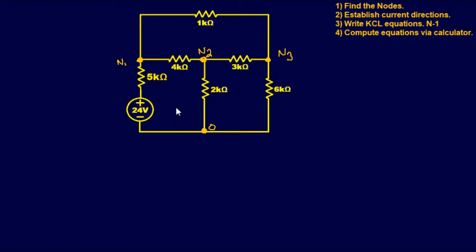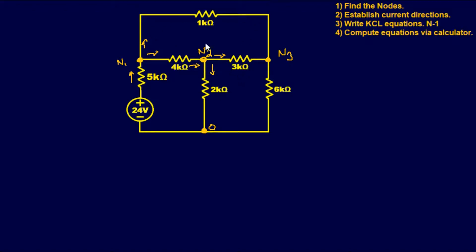Okay, now we need to establish current directions. So I'm going to assume current directions. I'm going to say current's going this way, and then going out of the node, and then out of the node. So we have at least one input and at least one output. Same thing here, since current is flowing to the right of this 4 k ohm resistor, I'm going to say it's going to keep going that direction, and then it's going to go to ground and to our next node.